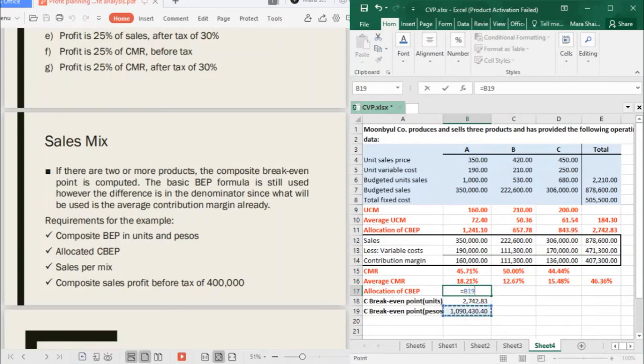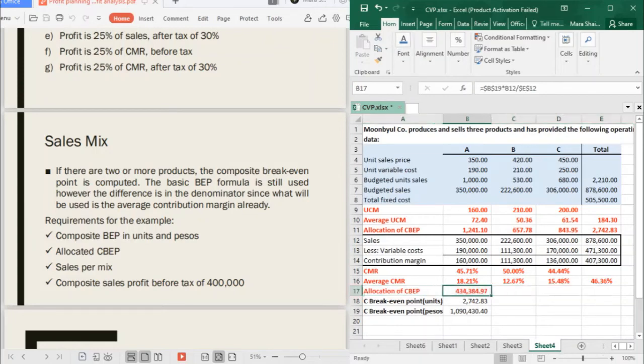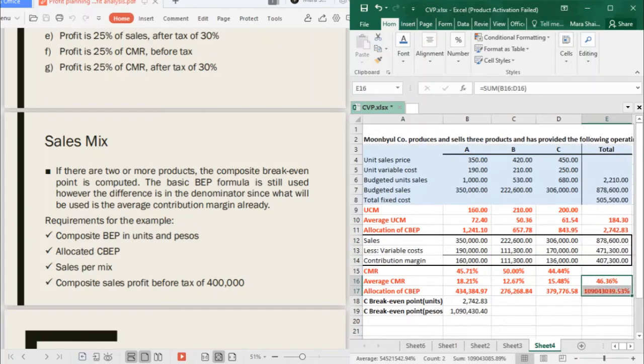For this, the CVP in peso is what we use, multiplied again by the sales mix ratio. I am just showing this in Excel to make it easier, but it can all be calculated. Okay, so there you have it. Oops, it can't be seen. Oh, it's formatted as percent, I'm so sorry. Let's change the number format first.